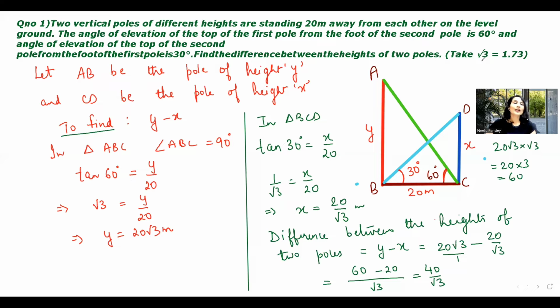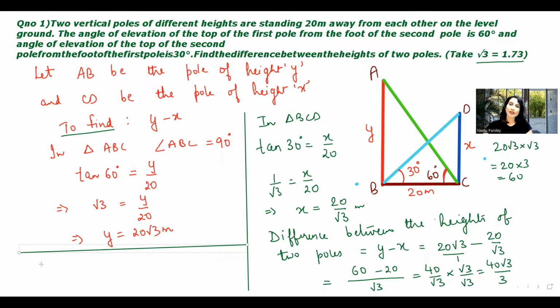Now here only the value of √3 is mentioned. It means you have to calculate it a little further. We can rationalize the denominator first, it will become easy. So you will get here 40√3 by 3. I am doing the rest of the solution here. Space is not there, no? So the calculation part: 40√3 by 3.